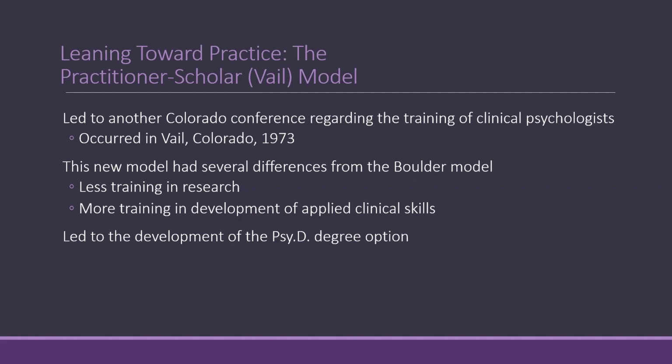And this is how the PsyD degree came about. So here in Hawaii, we have Chaminade University as well as Hawaii Pacific University. Both of them have relatively new PsyD program options. So these are degrees where you're getting a doctorate in clinical psychology that's more practice-oriented and less research-focused.